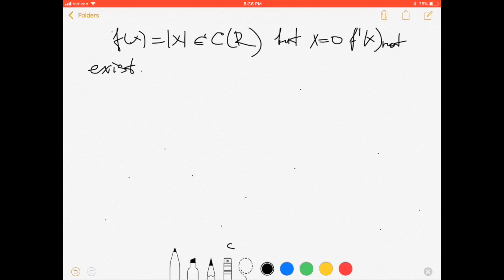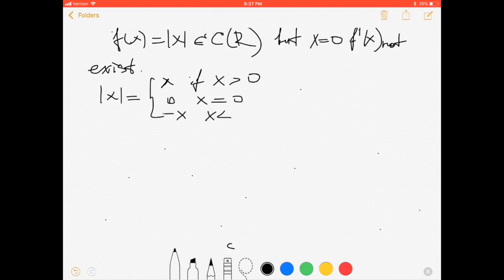We can easily prove this fact because the absolute value of x is equal to x if x is positive, 0 if x equals 0, and negative x if x is less than 0.